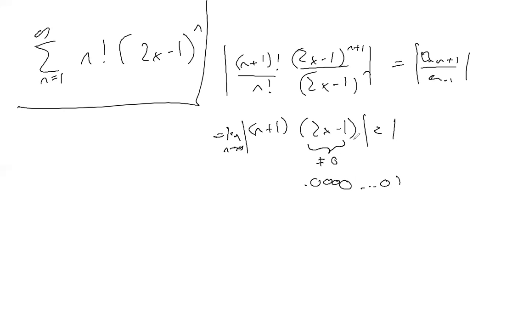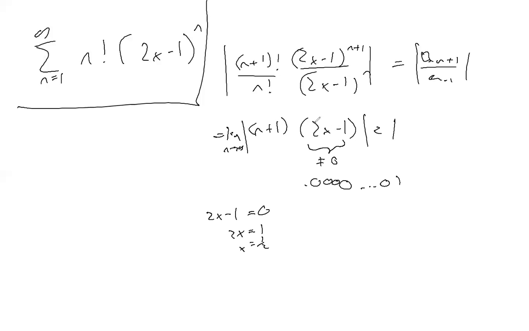So the only way this limit is not infinity is if this term is exactly 0. So we need 2x minus 1 to equal 0, meaning 2x equals 1, x equals 1/2.